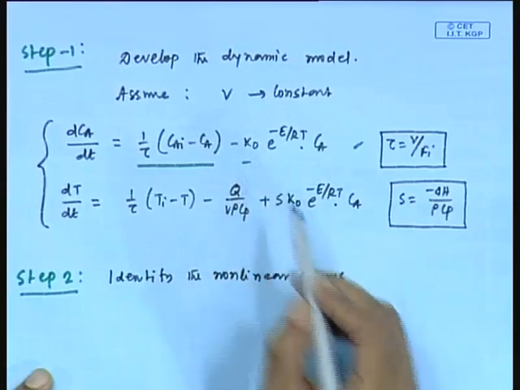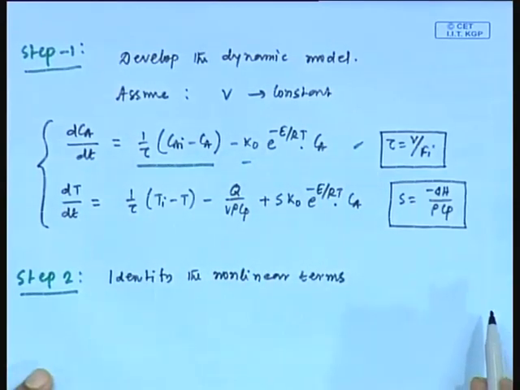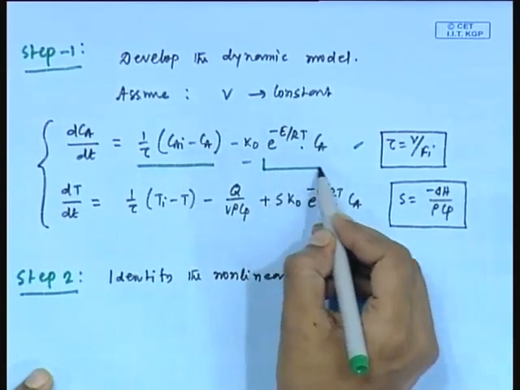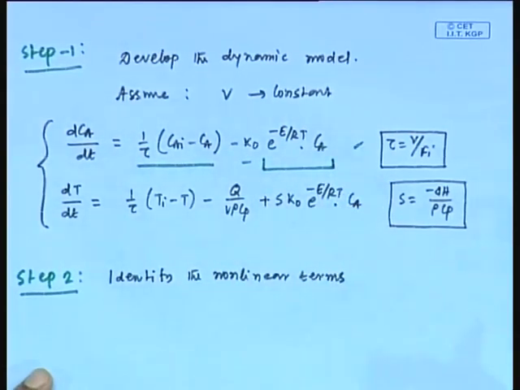K naught is the pre-exponential factor, so that is constant. So, the only nonlinear term is here, this one, CA multiplied by exponential of minus E divided by RT. That is the only nonlinear term present in the first equation.